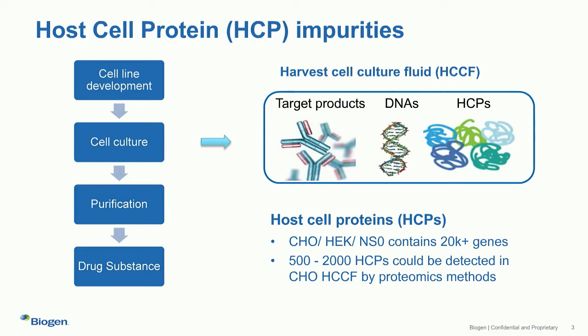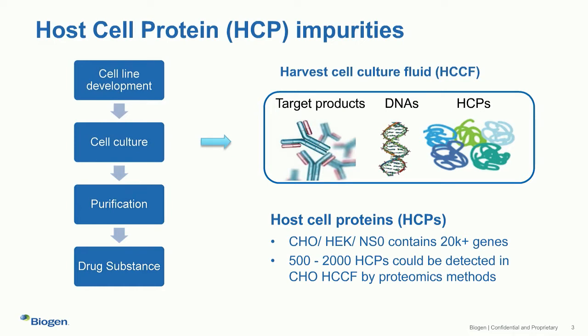The HCP species from the chosen cell line certainly determine the population of HCPs potentially present in the final product. The cell culture performance, such as viability at the end of the cell culture, could determine the initial concentration of the host cell protein impurities. And in the purification step, the efficiency of removal of the HCPs determines the final HCP content in the drug substance.